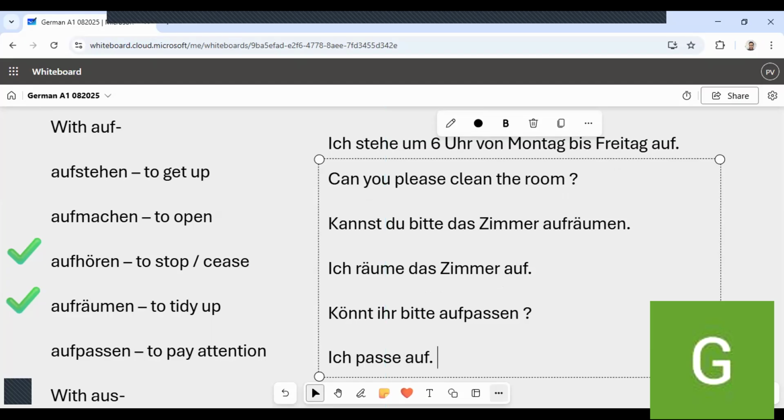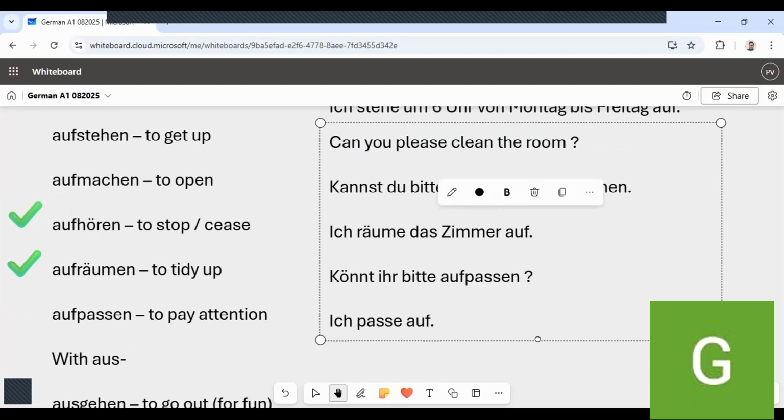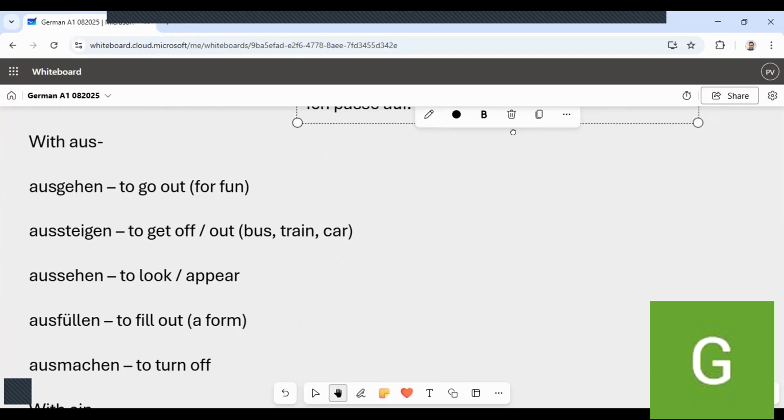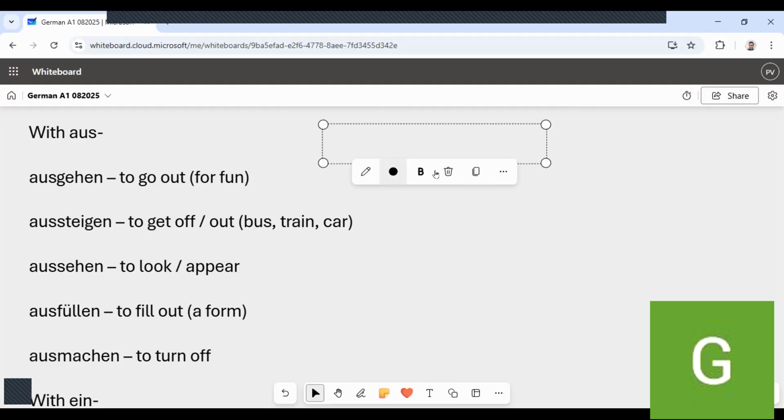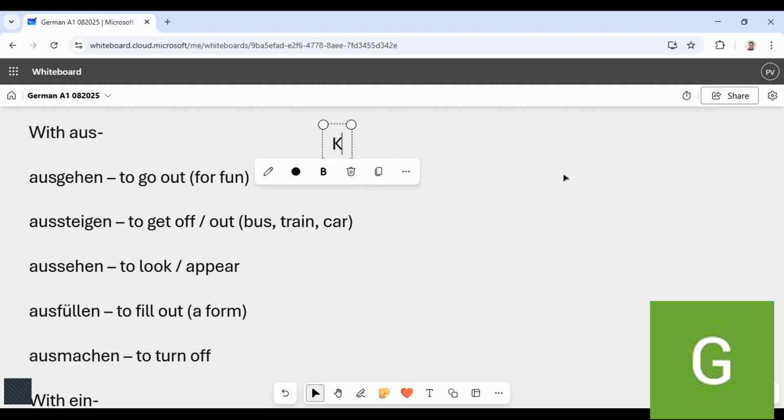And now some Trennbar verbs with aus. Ausgehen means to go out for fun. Suppose you want to ask your friends, can we all go out? How can you form a sentence? What will be for can we?